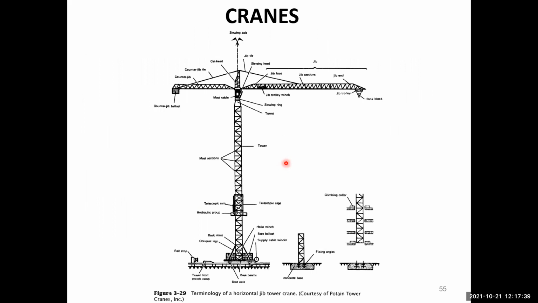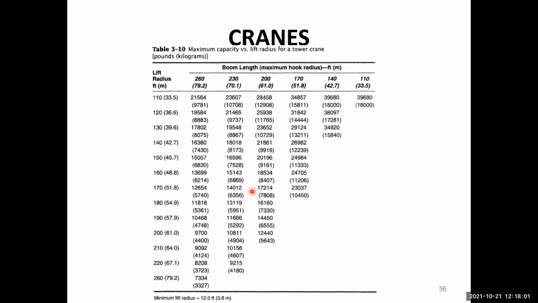This figure shows the different parts of the tower crane, and the height of the tower crane can also be changed when the floors are being constructed. Generally, a crane will come with such a table. This is just an example.